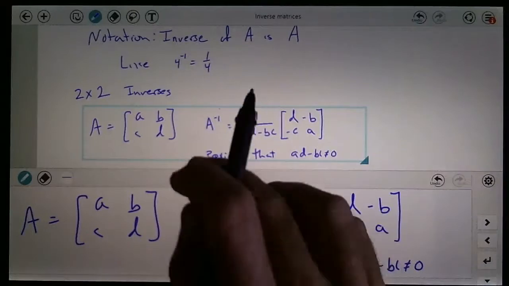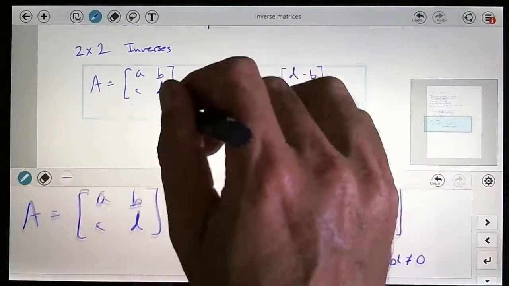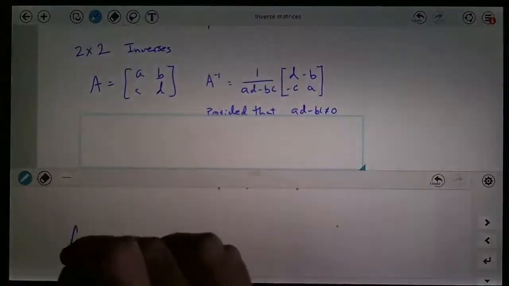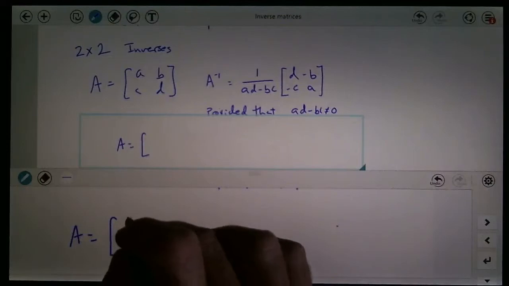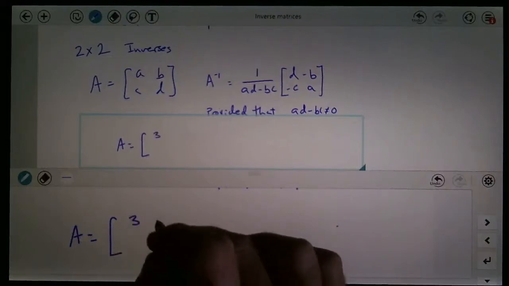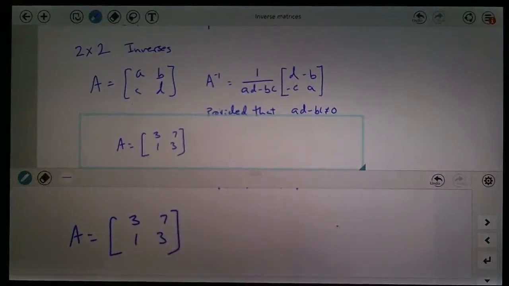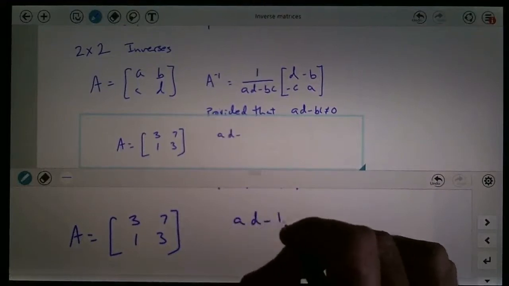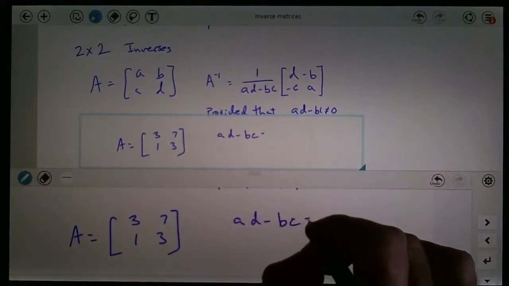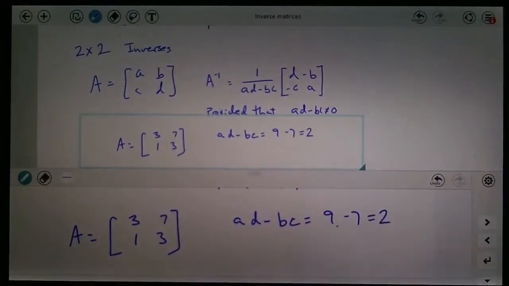Okay? So, for instance, if I say that A is the matrix 3, 7, 1, 3, I notice that AD minus BC here is 9 minus 7, which is 2.